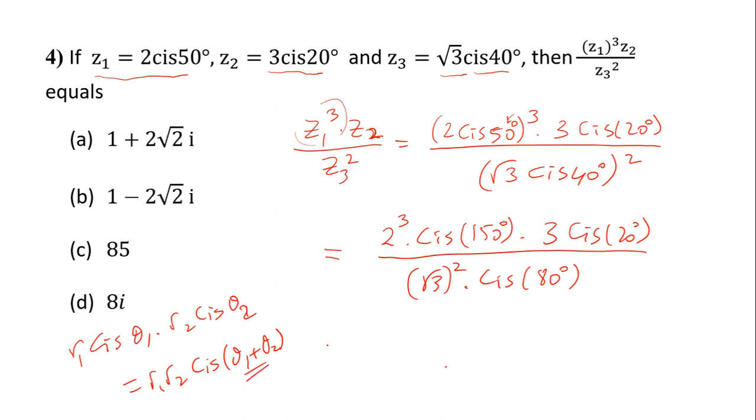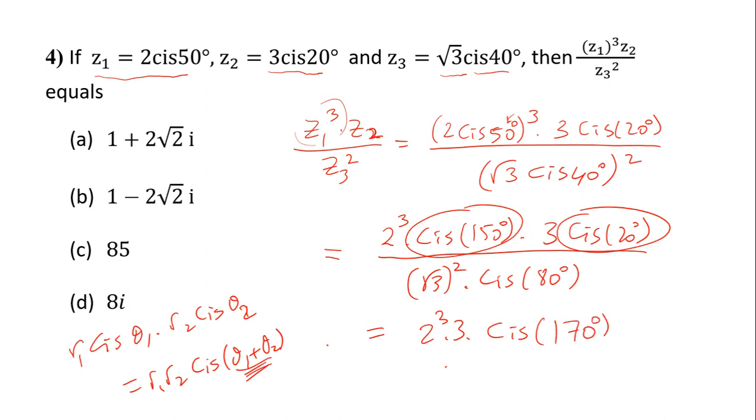You can add the arguments, or the angles. So it will be 2 cubed times 3 CIS, and this one will be CIS 150 plus 20, which is 170, divided by, I will say here this is 3, and now CIS 80.